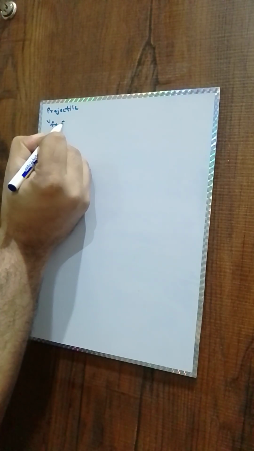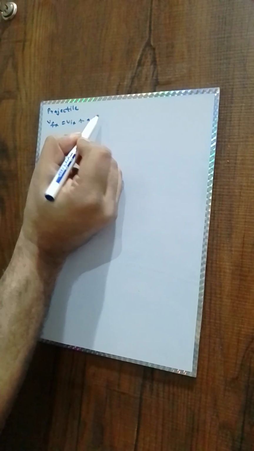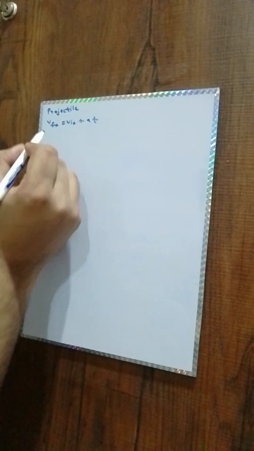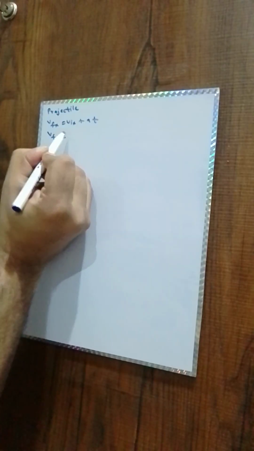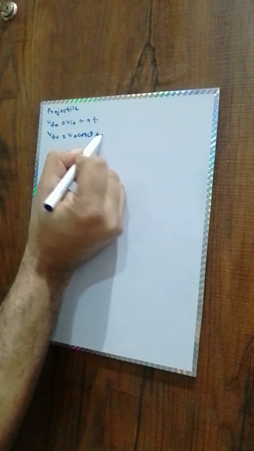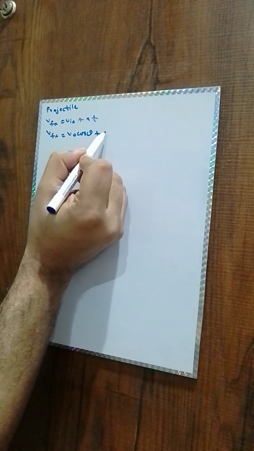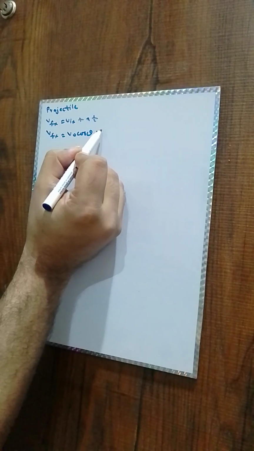Okay, so Vfx is equal to Vix plus At, as in final velocity is equal to initial velocity plus acceleration into time. So Vfx is equal to V naught cos theta plus 0t, which means 0 here.